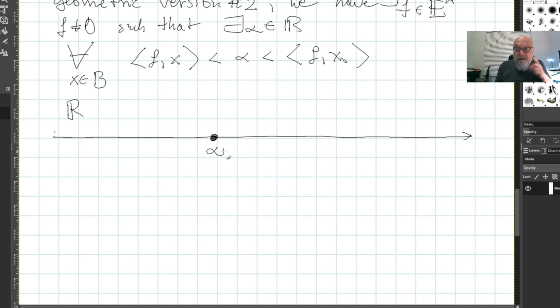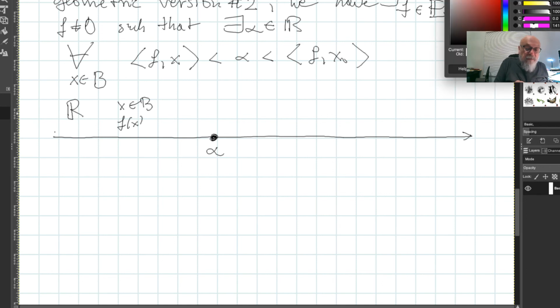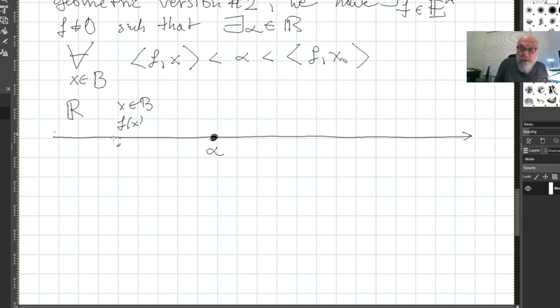All the points from B, f of x, x belongs to B, are here. Maybe let me change to red, and then all these points are on that side. And then we have here the point, and this point is f of x naught.